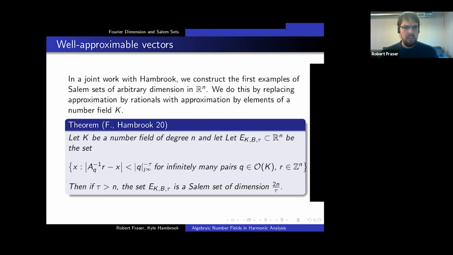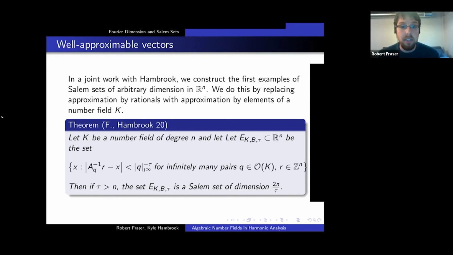Let's suppose that you let k be a number field of degree n, and let's consider a set of points in Rn such that x is close to AQ inverse R, where AQ is the matrix we introduced earlier.